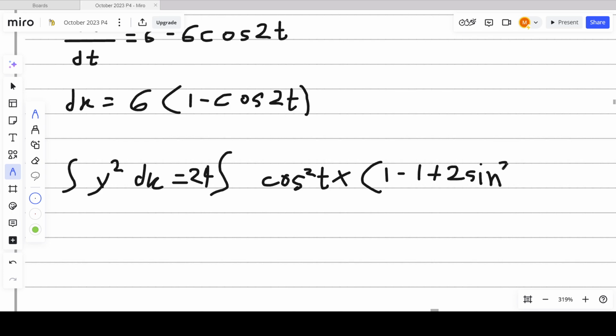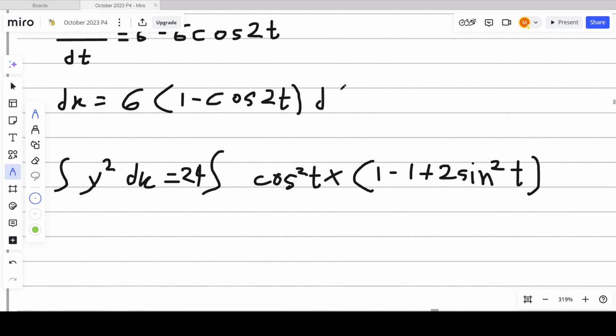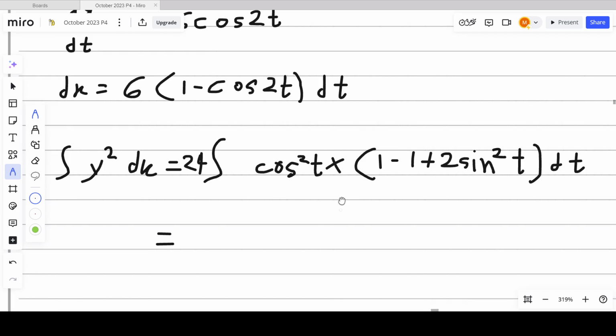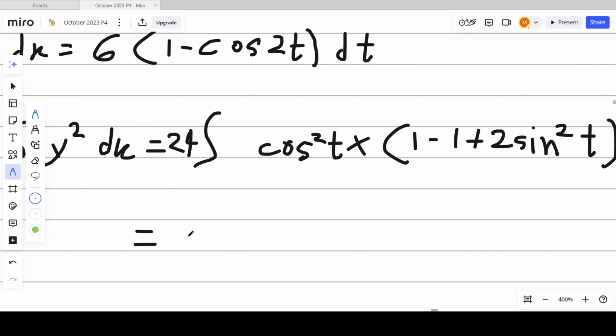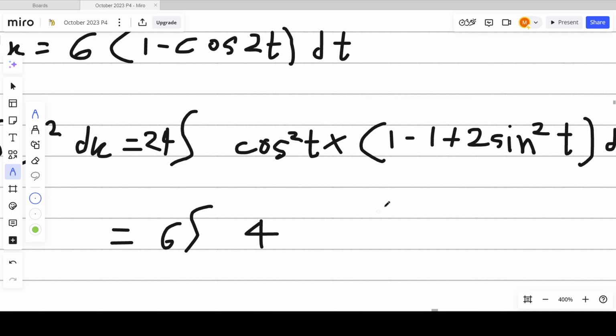There's a reason, you will soon understand. So dt would be there. 1 minus 1 is 0.